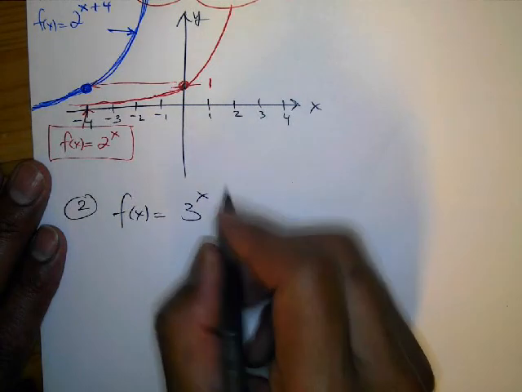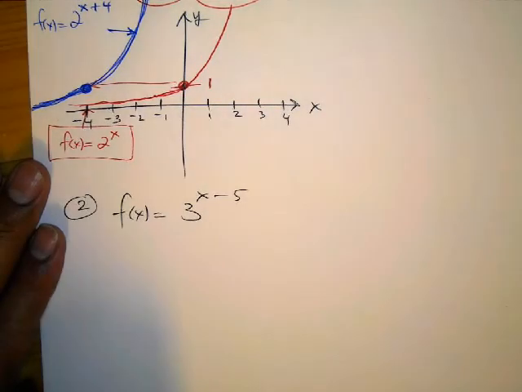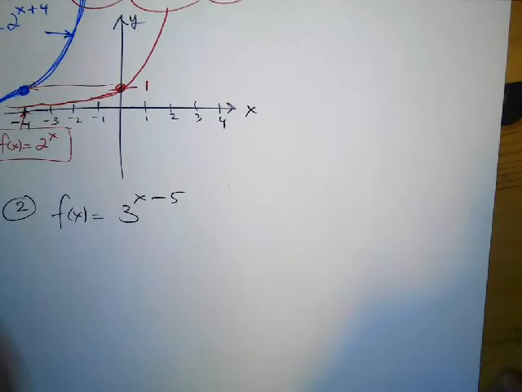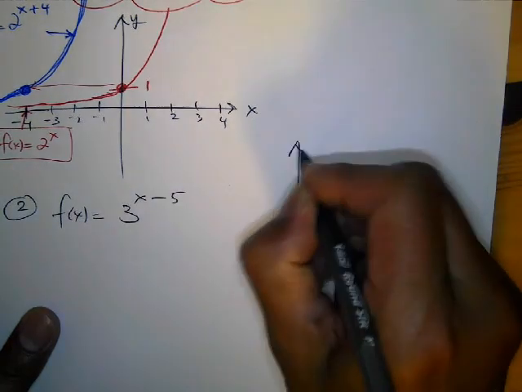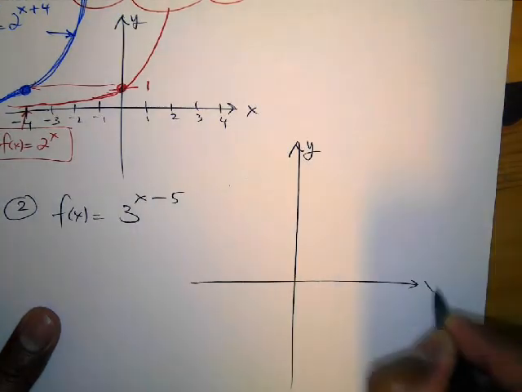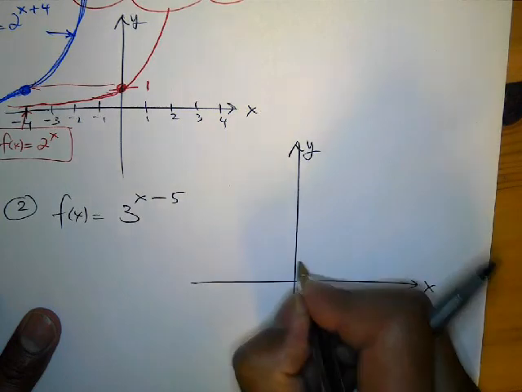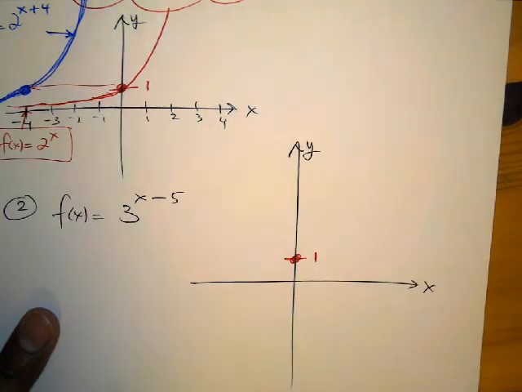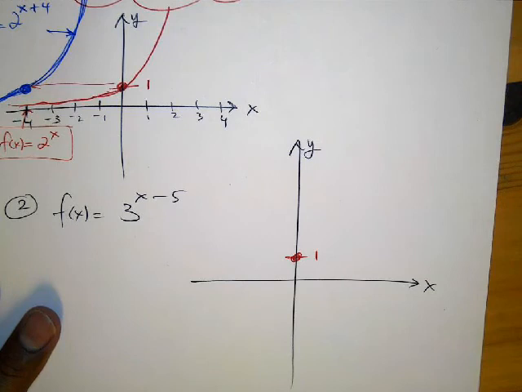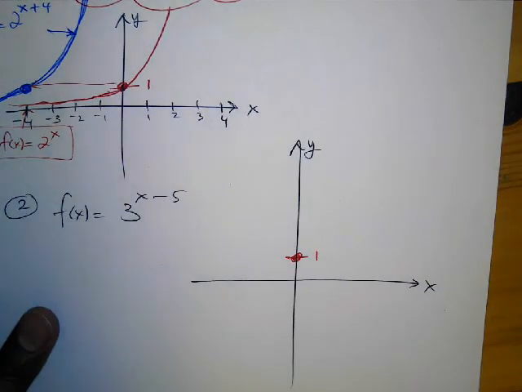Number 2, how about f of x is equal to 3 to the power of x minus 5. Well, that would be... Let me put my point right here at 0, 1.